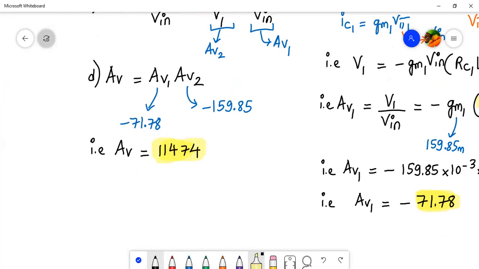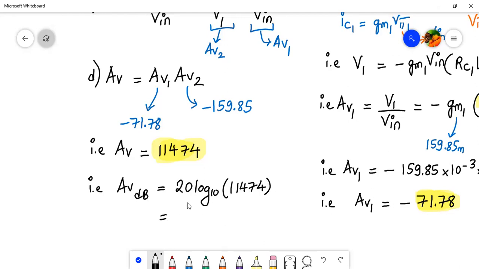If you want to find it in dB, you can do that. AV in dB will be 20 log to the base 10 of 11,474. If you work it out, this will be 81.19 dB.